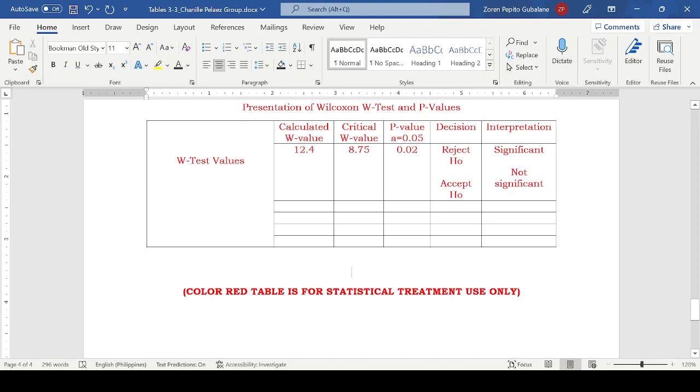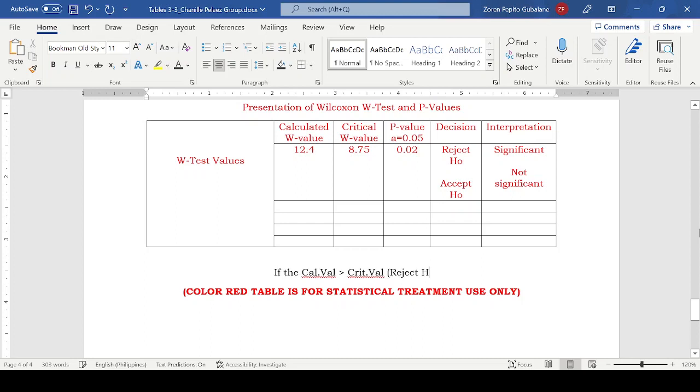For example, if, using the calculated and critical value, the calculated value is greater than the critical value, the researcher has to reject the null hypothesis.